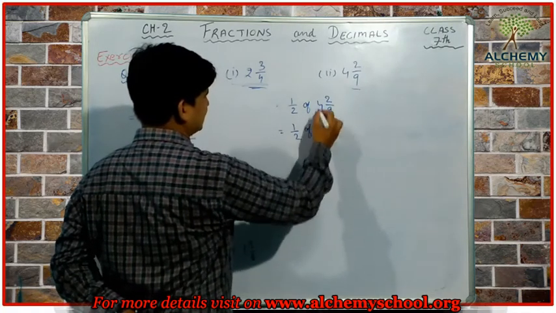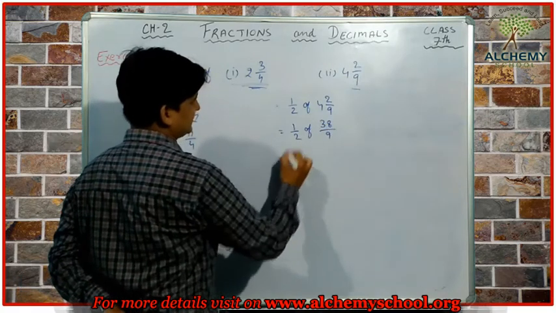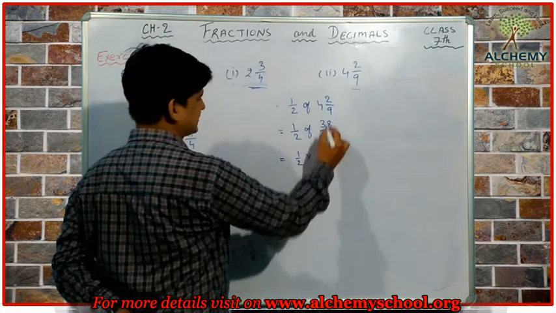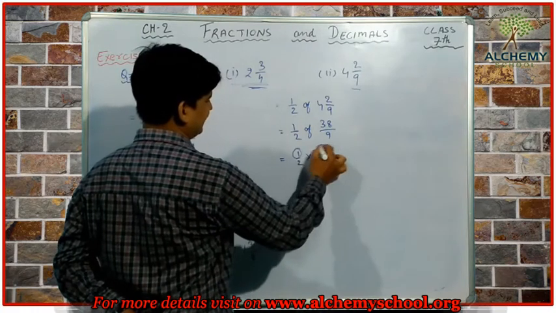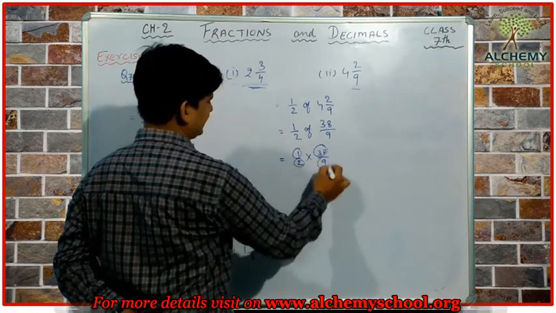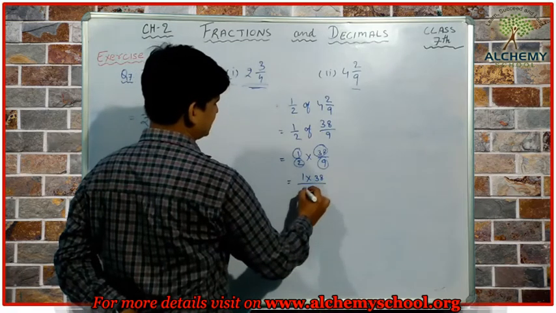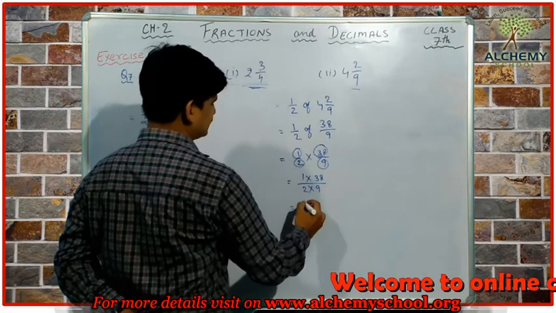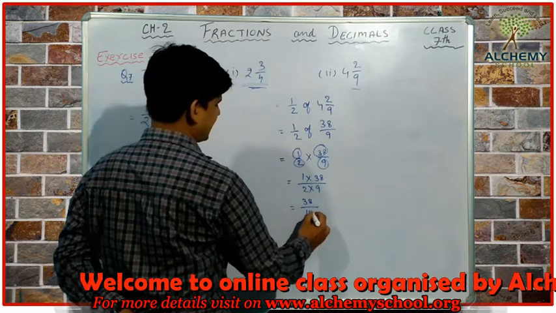So, 9 4s are 36 and 2 is 38, 38 upon 9, and 1 upon 2 of will be replaced by multiplication. Now, we will multiply the numerators and we will multiply the denominators. So, 1 will be multiplied by 38 and 2 will be multiplied by 9. So, when we multiply these two values, we get here 38 and 9 2s are 18.